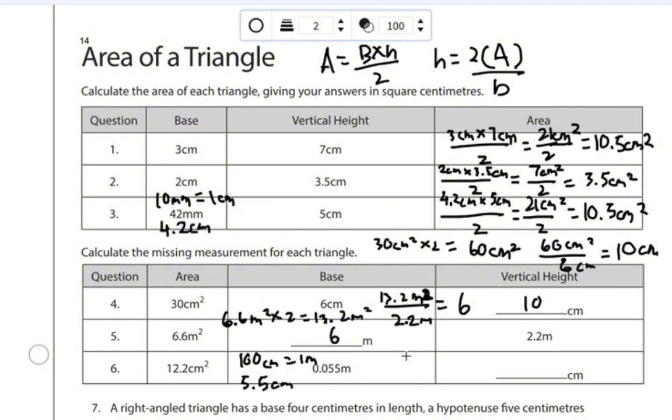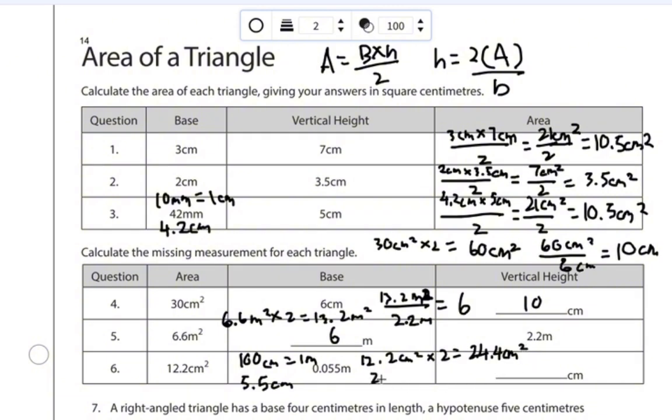And now we can calculate the vertical height. So 12.2 cm square multiplied with 2 is 24.4 cm square.